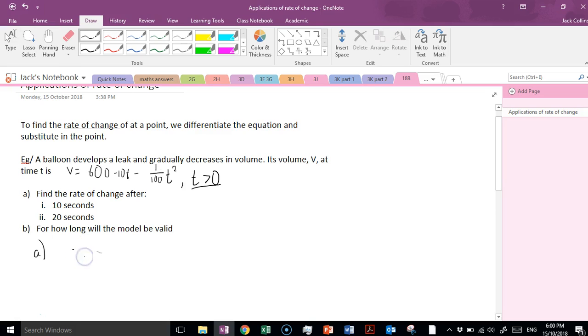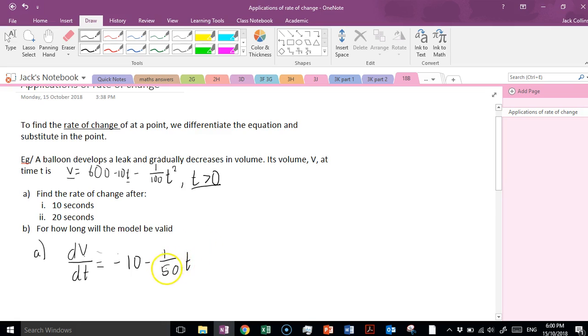So dV on dt, just like when you're differentiating y in terms of x is dy on dx, this is dV over dt, the change in V over change in t. The 600 goes away, and that becomes negative 10 minus, bringing the 2 down, 2 times 1 over 100 is 2 on 100 or 1 on 50 t.